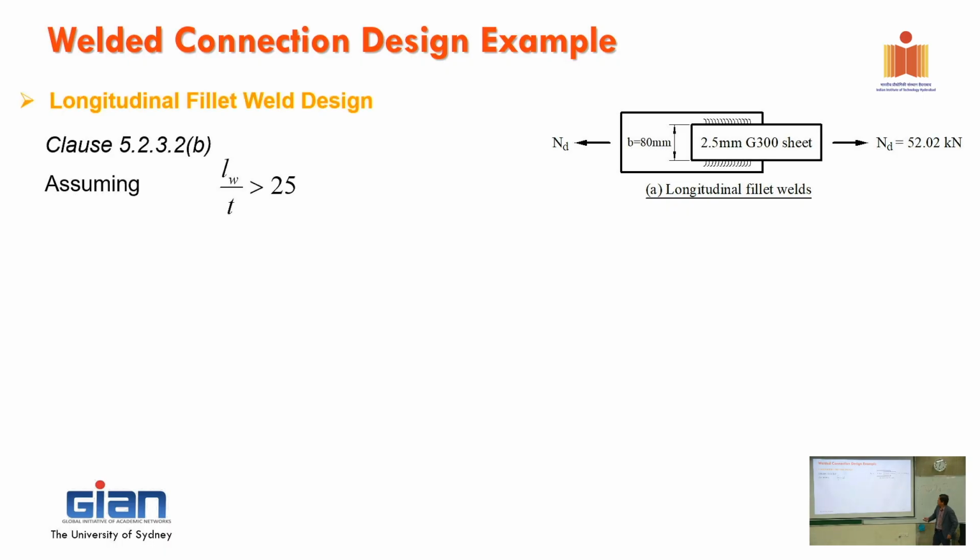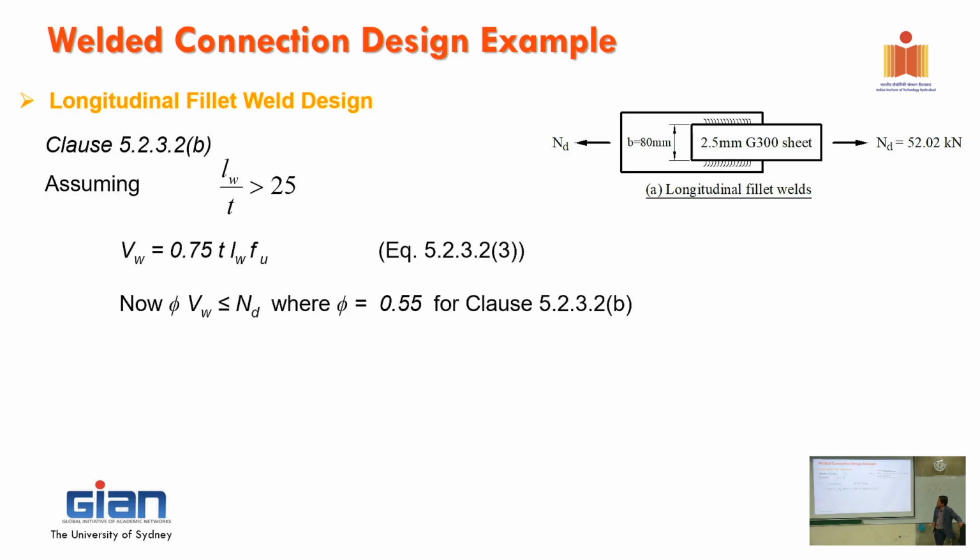So now we look at the longitudinal welding here. We assume that we have the case where LW, the length of the weld, divided by T is greater than 25. We assume that first. Then we calculate the equation here, the shear capacity of that weld. It's FU times thickness times 0.75.